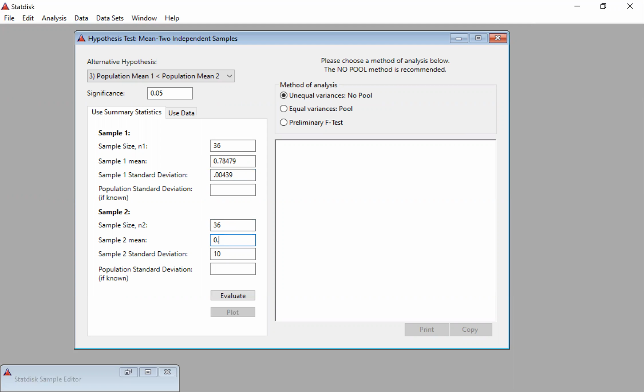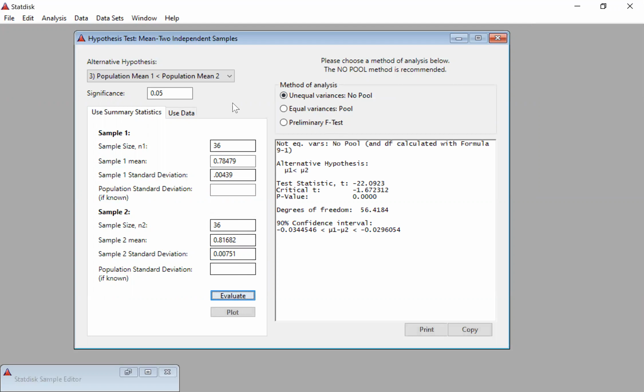We had 36 cans of regular Coke with a sample mean of 0.81682 and a sample standard deviation of 0.00751. In terms of method of analysis, we're going to leave the unequal variances no pool checked unless we are explicitly told otherwise. So we're going to leave that. We can hit evaluate.